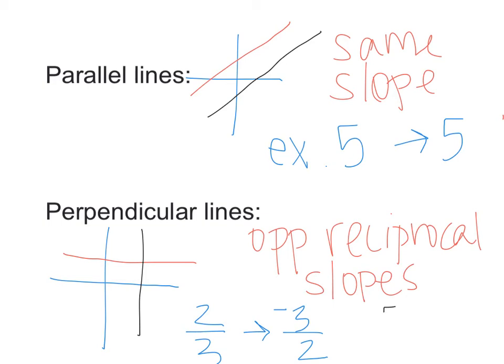If I gave you a slope of 5, this is where it would be beneficial to write it as 5 over 1. Perpendicular to that means flip it upside down to 1 over 5. And we're going to change the sign. It becomes a negative. So perpendicular lines have opposite reciprocal slopes. Parallel lines have the exact same slope. So that number before the x is going to be the same.